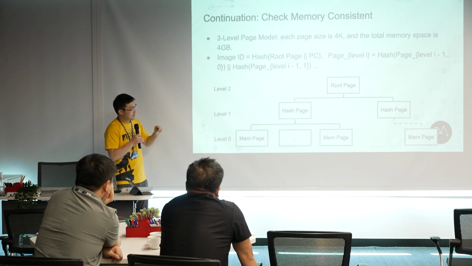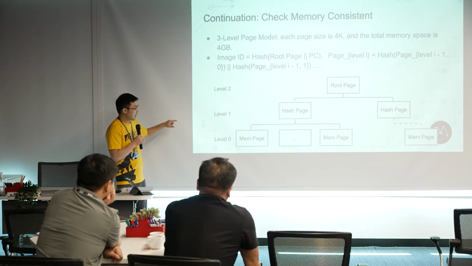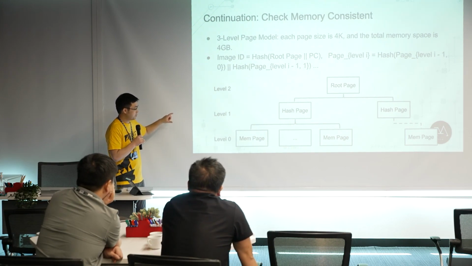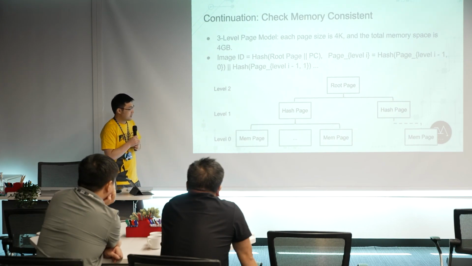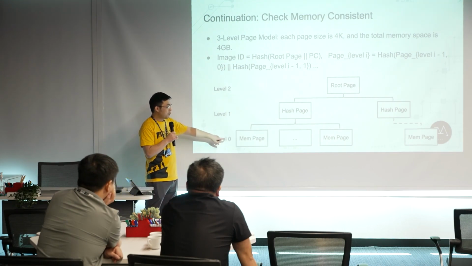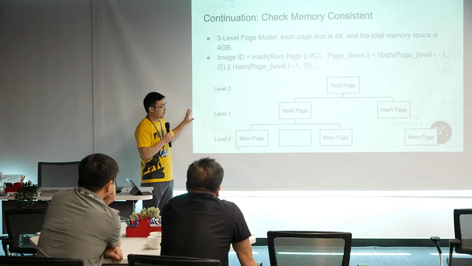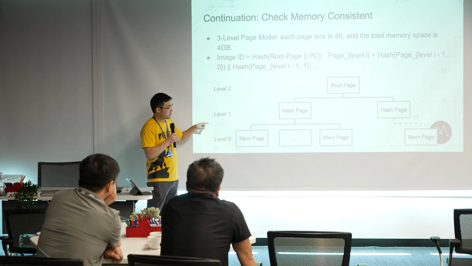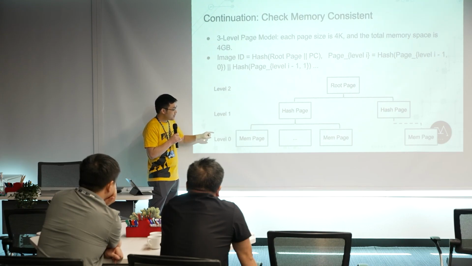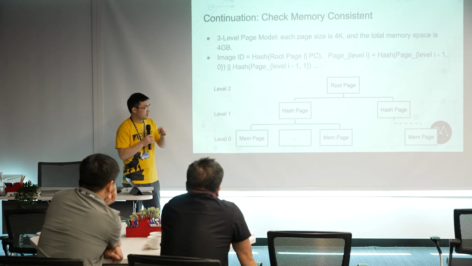but it's not a binary merklization. It's a multi-way tree. We actually have three levels right now. As we discussed before, when we run the segments and perform the instructions for each segment, sometimes we only change part of the addresses.